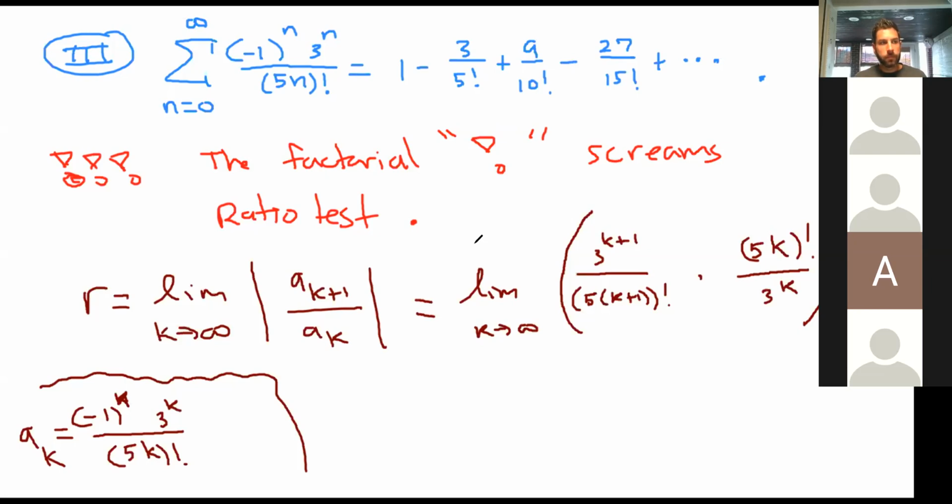Yeah, how'd you get 3 to the k plus 1 over 5 to...? Okay, take the term. Everywhere you see an n, you have to replace it with k plus 1. And then when I divide by a sub k, everywhere you see an n, I'm replacing it with k. I don't need the -1 to the k because the absolute value of that is always 1.